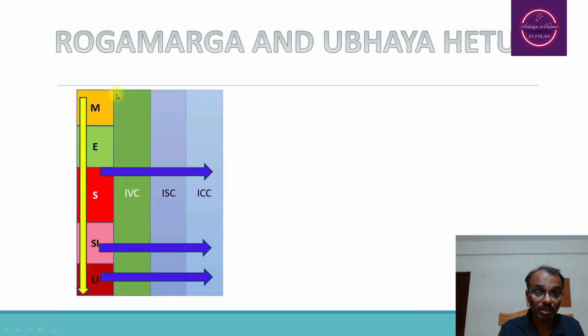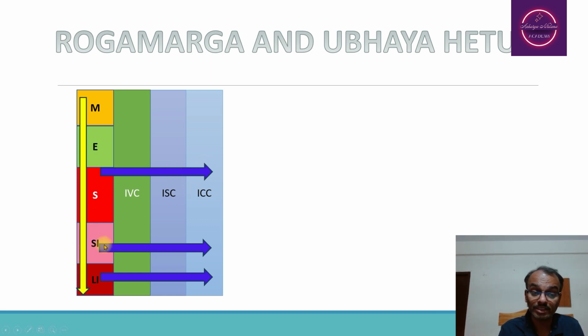When you think in terms of Roga Marga and Ubhaya Hetu, initially we observe Abhyantara Roga Marga affliction because of the Agni Mandyakara Nidana. Then, depending upon the movement of the dosha from the stomach, small intestine or large intestine, the pathogens may move from the alimentary canal into the intravascular compartment, then into the interstitial compartment, then the intracellular compartment.